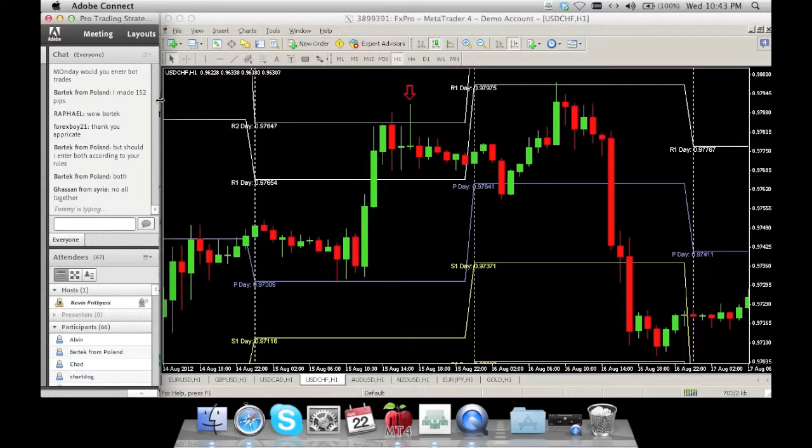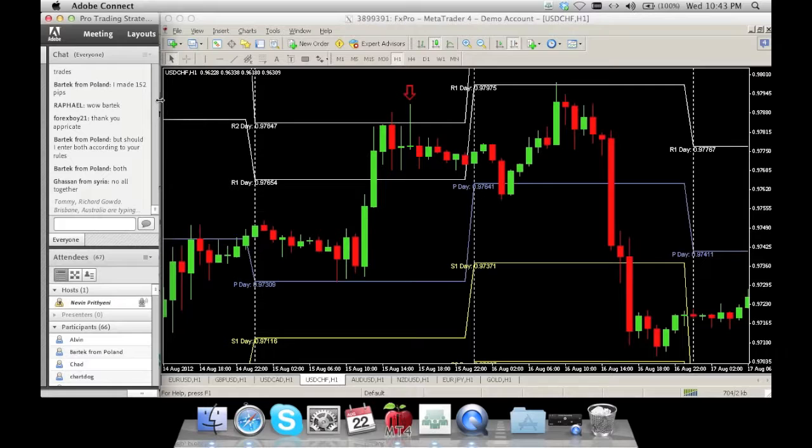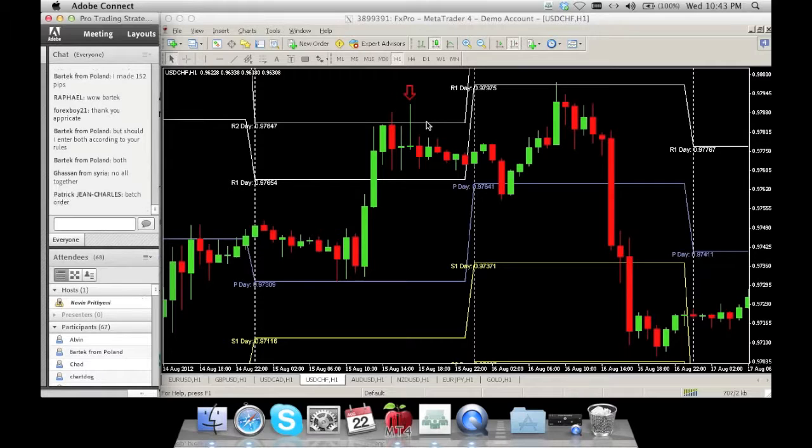Same reason goes for stops. We cannot play stops because one pair might touch it while the others do not. The only way to understand where you're exiting out your trades is once the market actually goes to the other side of your pivot line and closes there. If that happens in one or two pairs, exit out the entire batch, close out everything. That's when you know you want to exit into a loss. Okay?